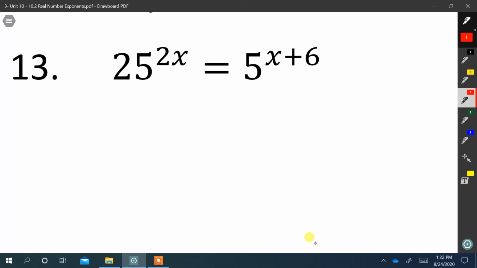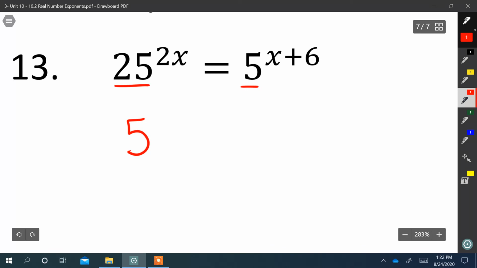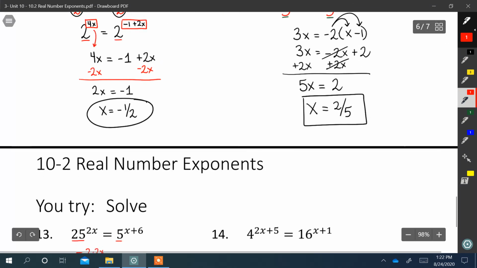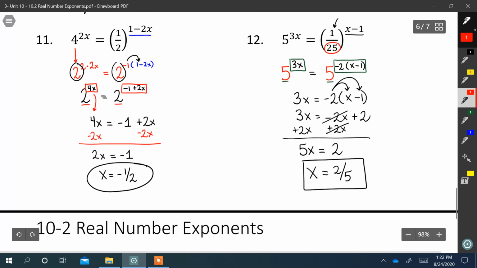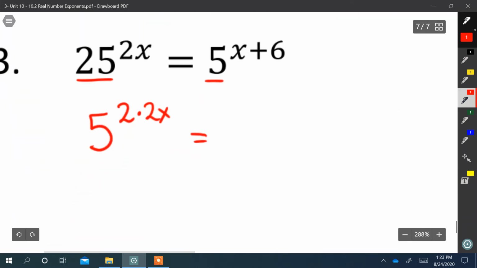On this one, I can see, since I have a 25 and a 5, I can see how the base is going to be 5. But 5 to the second is what's going to give me that 25. This looks very similar to the previous one, but it's not. Okay, and then I have 5x plus 6.